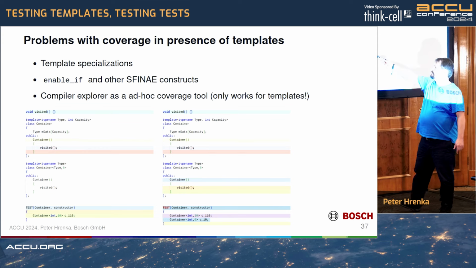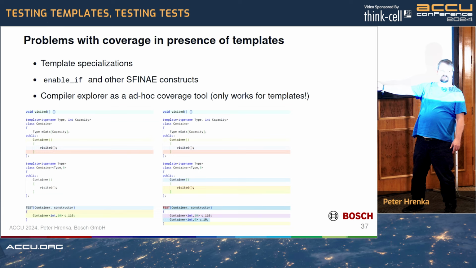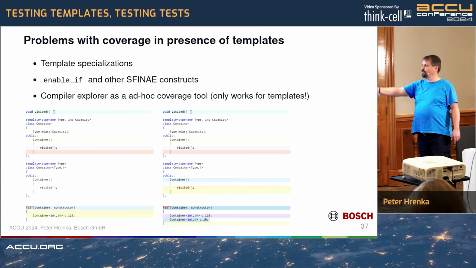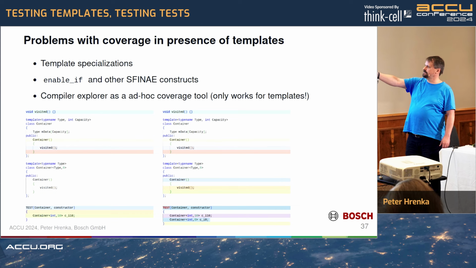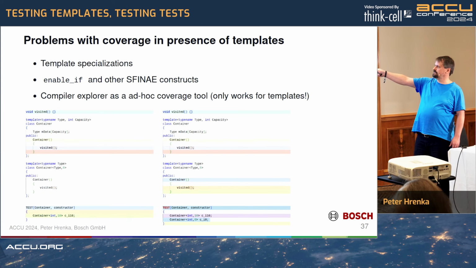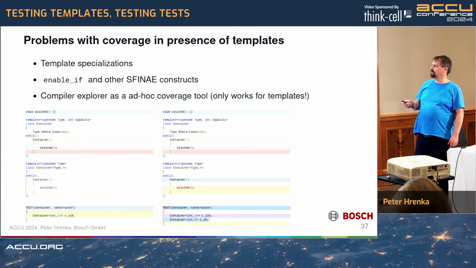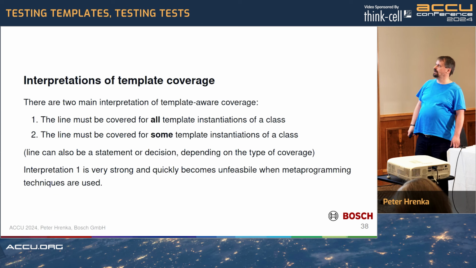And here, because I forgot to test the implementation of the specialization, if I put this in Compiler Explorer, all of a sudden I see there's something missing, and here it's covered because Compiler Explorer is generating code for that, and that gets visualized. Of course, you shouldn't use it as a coverage tool, but in this case it works and kind of illustrates how it would look in your tool.